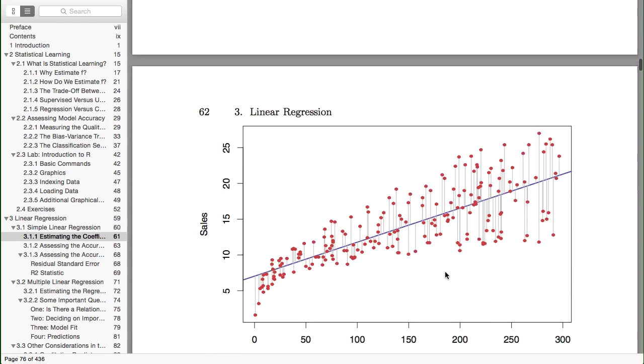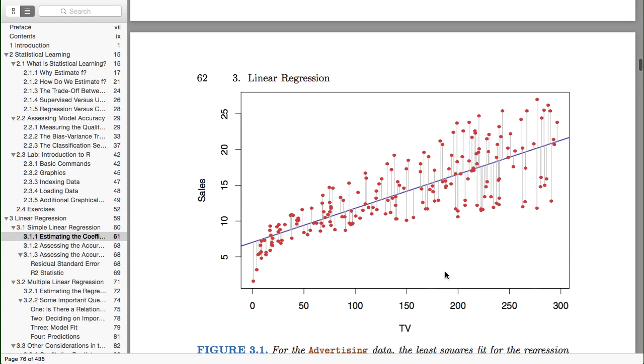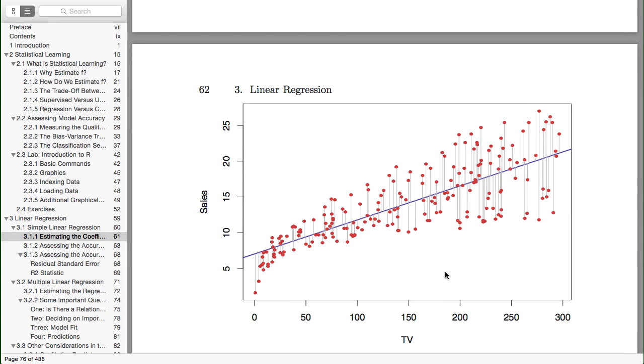Let's move straight to the first picture here and remind ourselves of what linear regression is. Linear regression is finding the relationship between an input variable and an output variable. In this case, the input variable is television advertising. The output variable is sales. And we have training data, what we've observed.